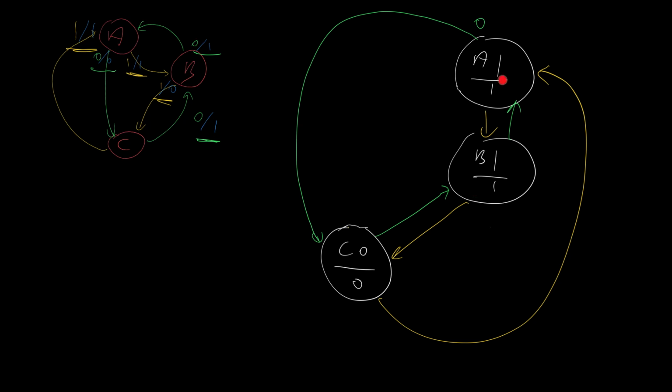This leaves us with only 3 states, and thus we can have quite an efficient state representation. We only need to use 2 flip-flops if we so desire. Indeed, for our state representation table, we just have to work out how to represent state A1, state B1, and state C0.